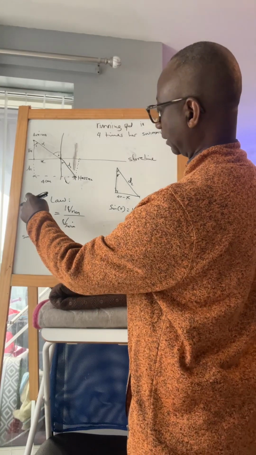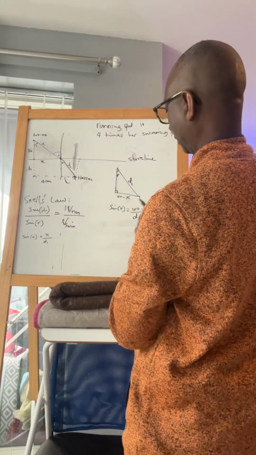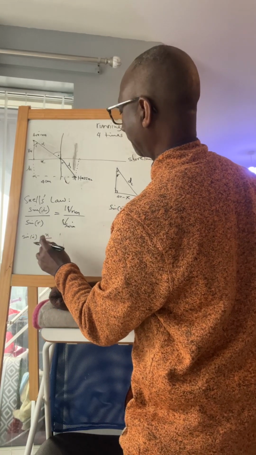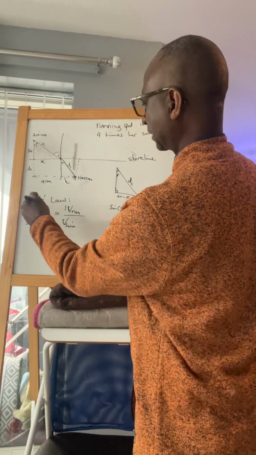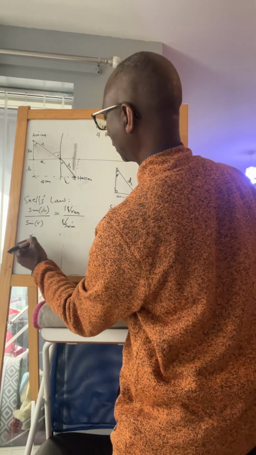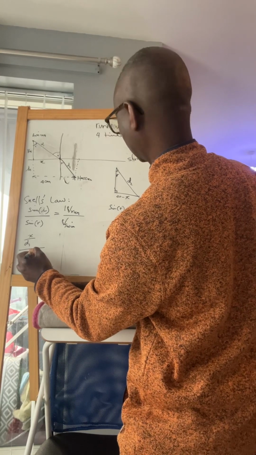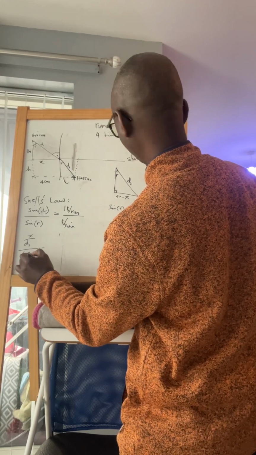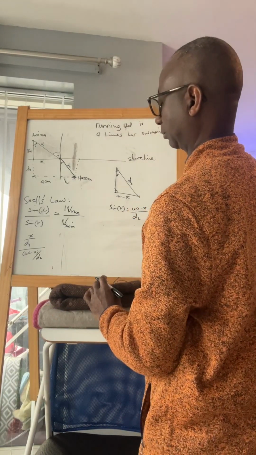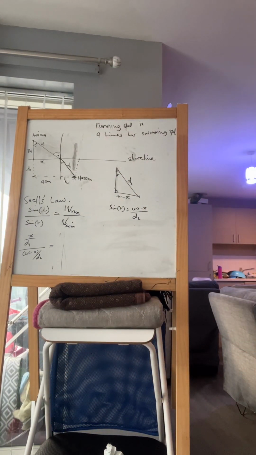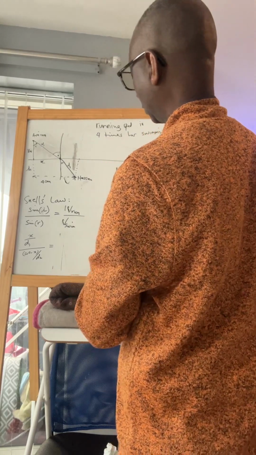So it says sine of I, which is x over D1, all over sine of R, which is 40 minus x all over D2, is equal to v run over v swim.